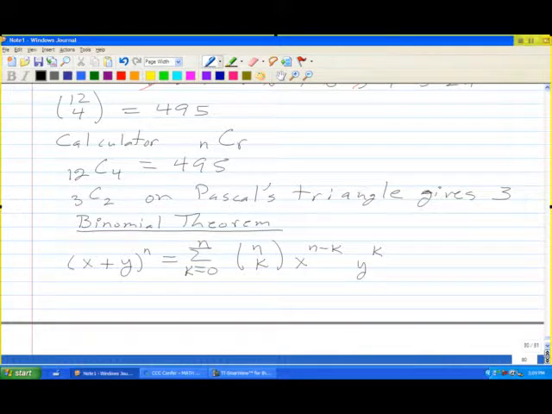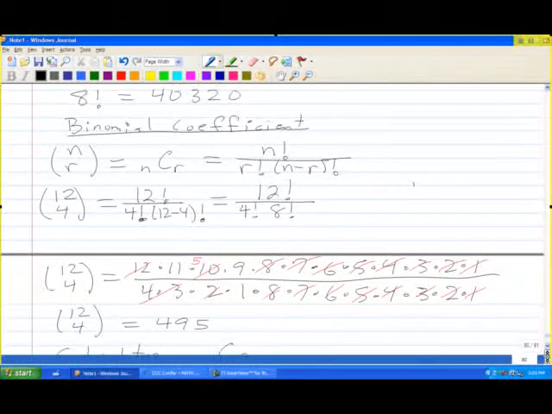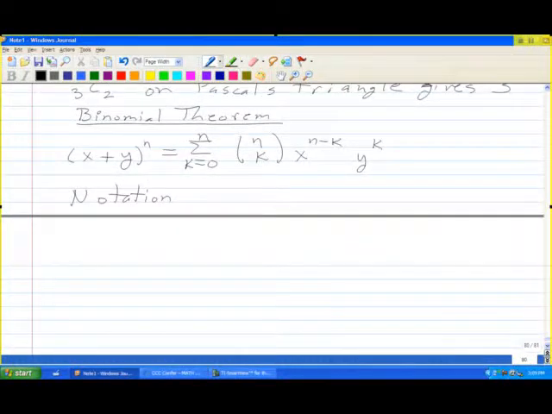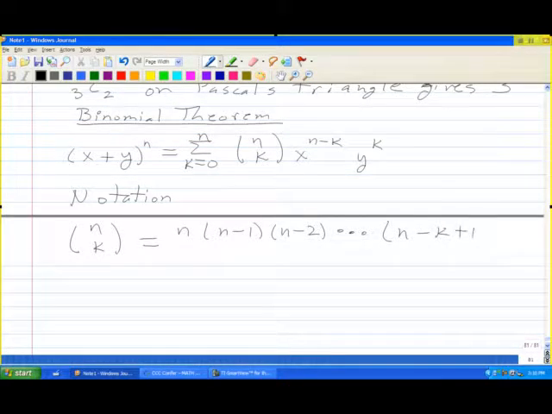And let me give you some additional notation. If you recall, when calculating this, the n minus r's sort of just canceled out. So let me use as a notation nCk is equal to n times n minus 1, n minus 2, all the way to n minus k plus 1, all over k factorial.